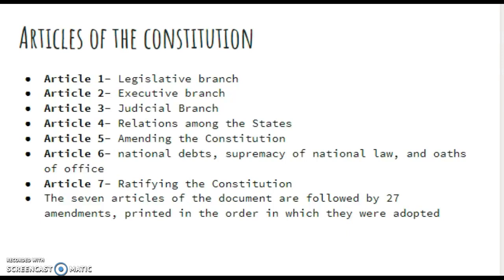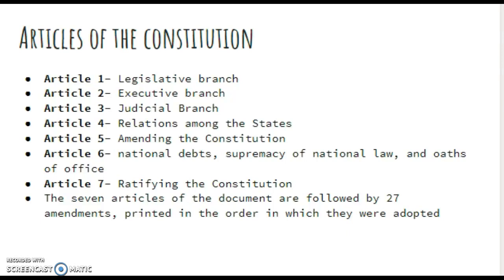Remember that the legislative branch makes the laws. This is Congress, and there are two houses, the House of Representatives and the Senate. And also remember that because of the Great Compromise, we have a bicameral legislature, and the Senate is based on equality, which is two per state, and the House of Representatives is based on the population within your state.